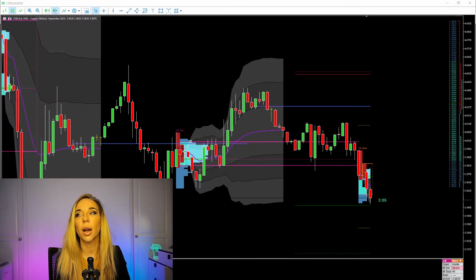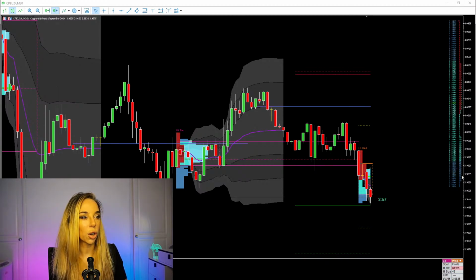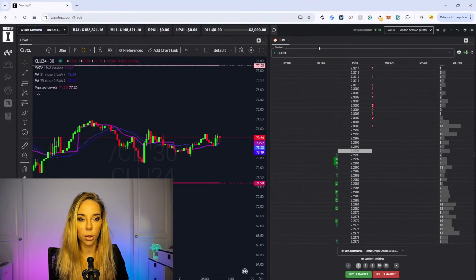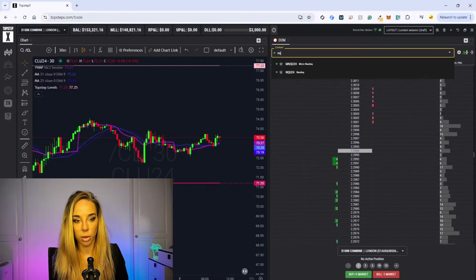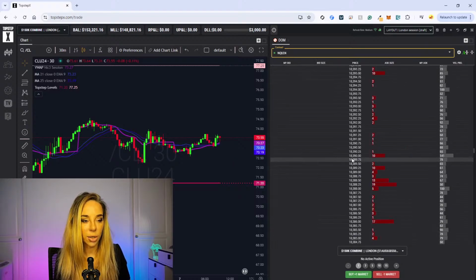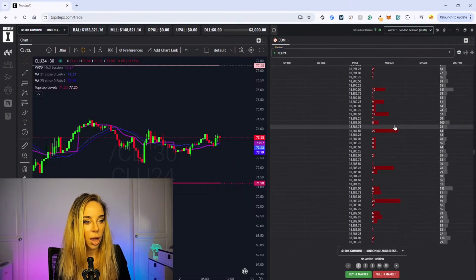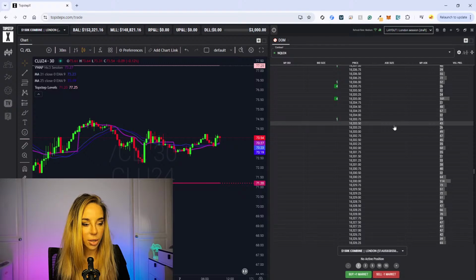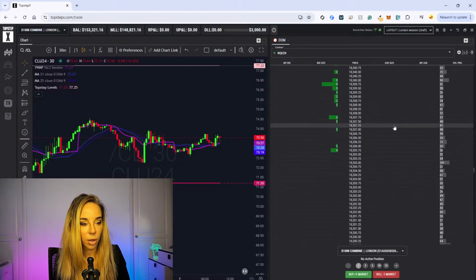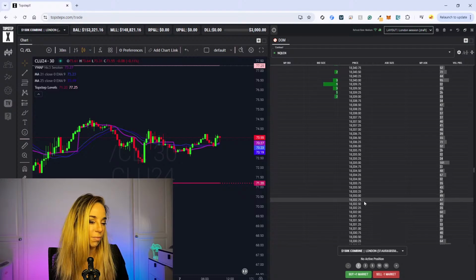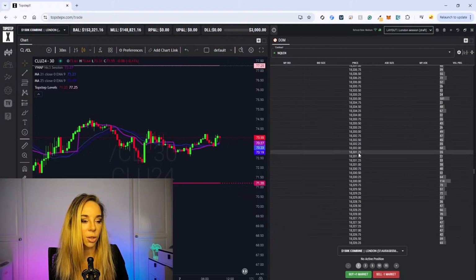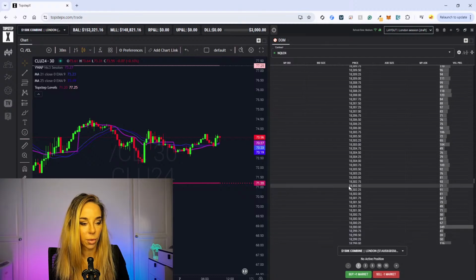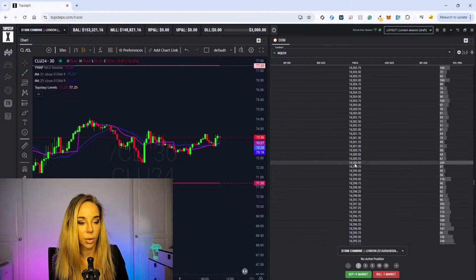So let's say hypothetically we have a weekend, and you set a nice limit order. Let's go to the NQ chart and back to TopstepX. Let's say you want to buy at 18,300.